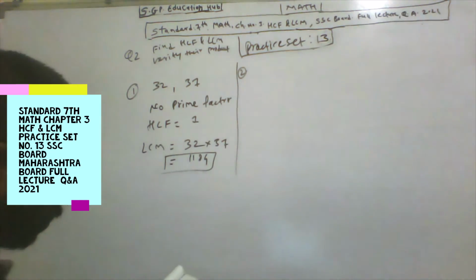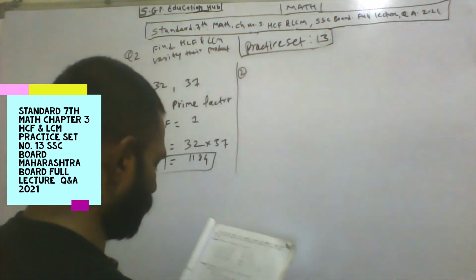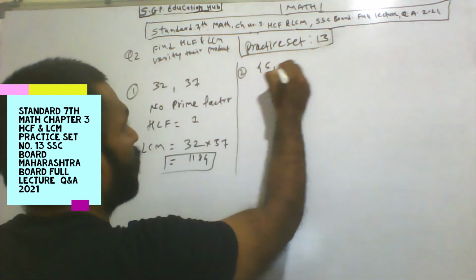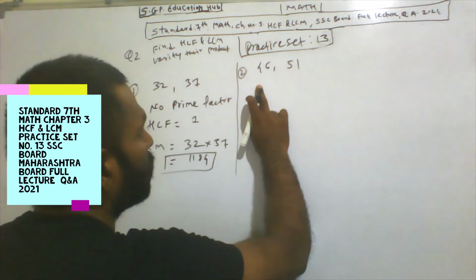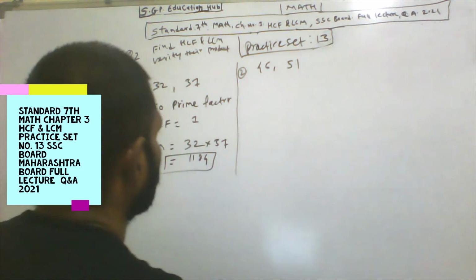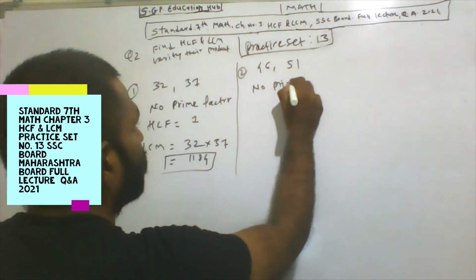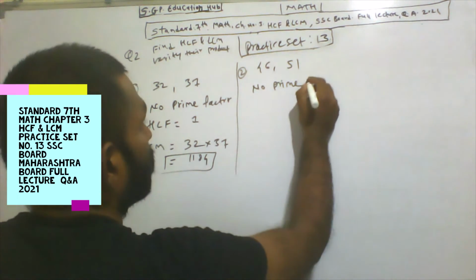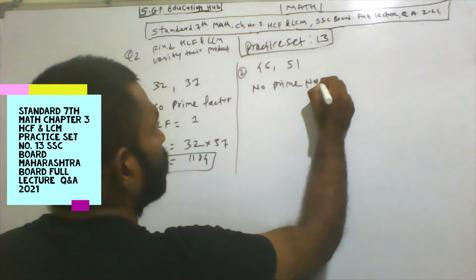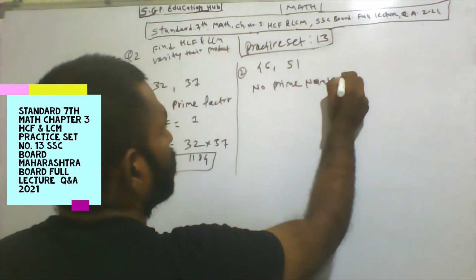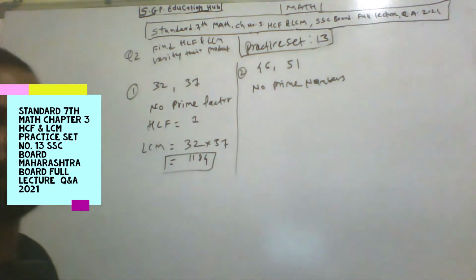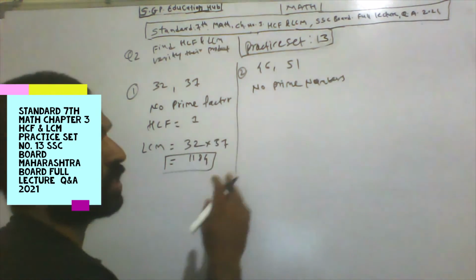46 and 51. These also can't be divided by a common number, so no common prime factor.